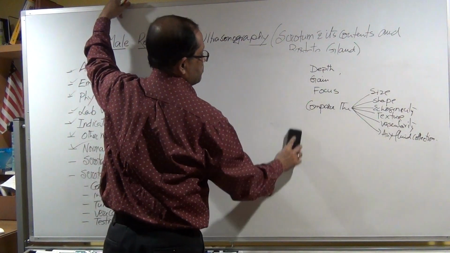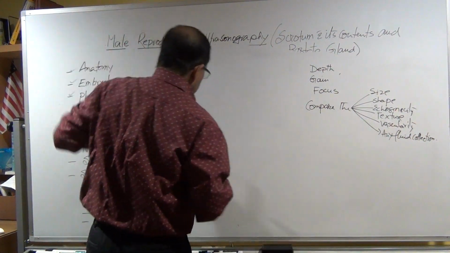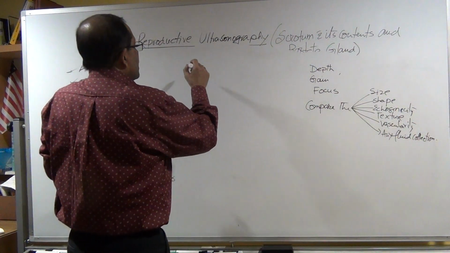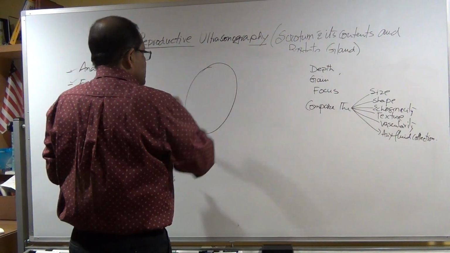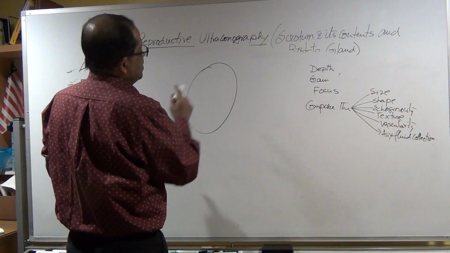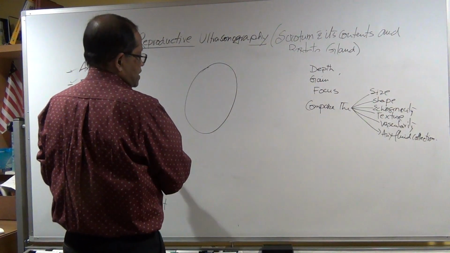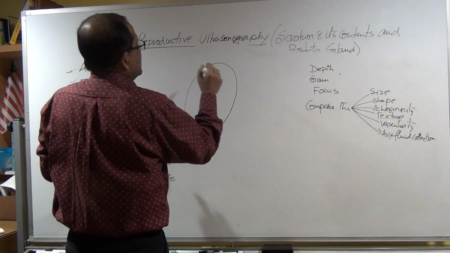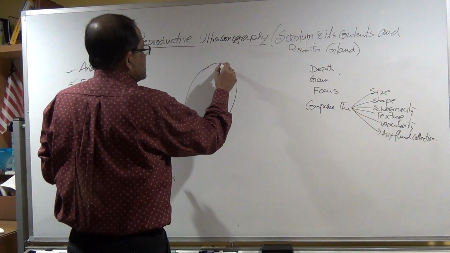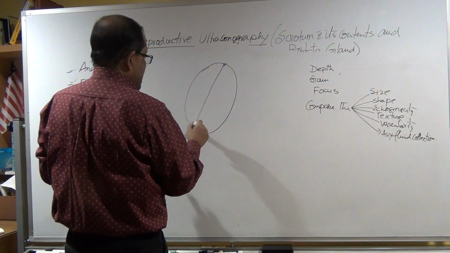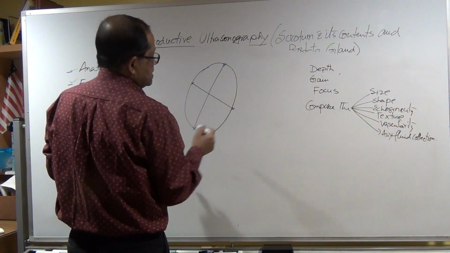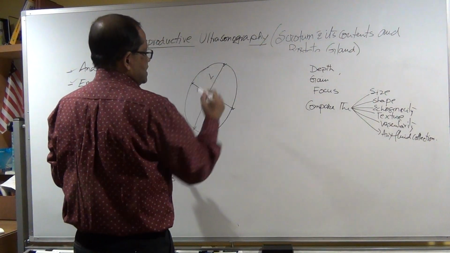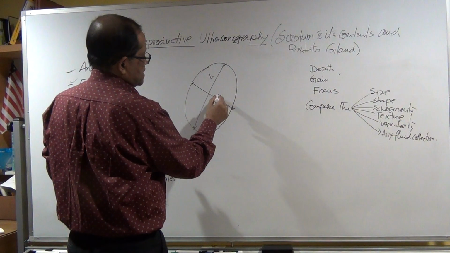So now understand first, the testis is an oval shaped organ, and the testis has this length, and this is height.